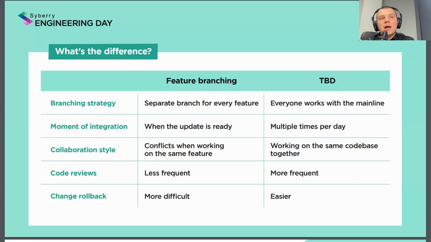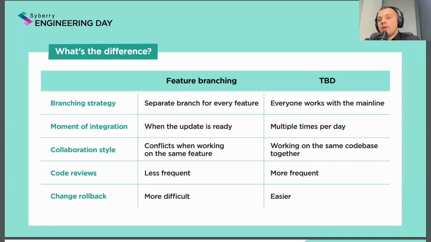And the last point from our comparison of these methodologies is rolling back changes. In feature branching, rolling back changes may be more difficult as developers may have to merge their changes back into the main line and then roll back the entire feature branch.